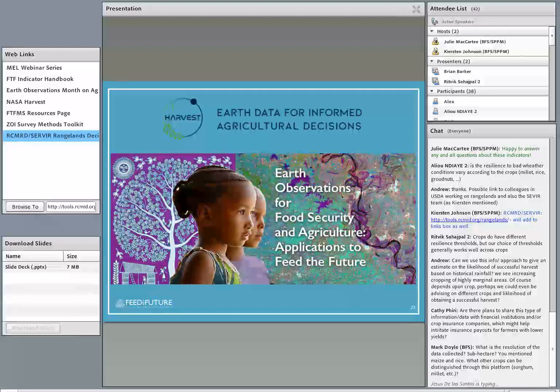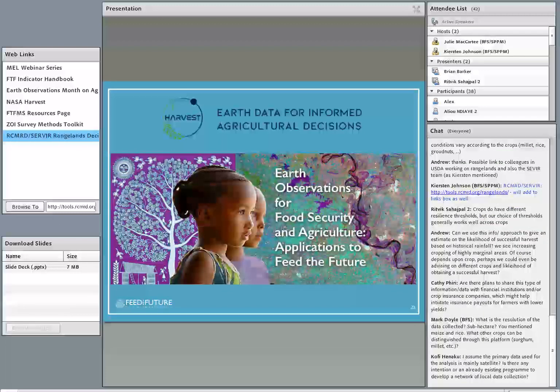So I think for these particular indicators, they are too broad. We're really looking more at the zone of influence level rather than for individual farmers at this stage. I do know that there are some companies that register individual farmers, profile them, and then provide imagery of their fields.